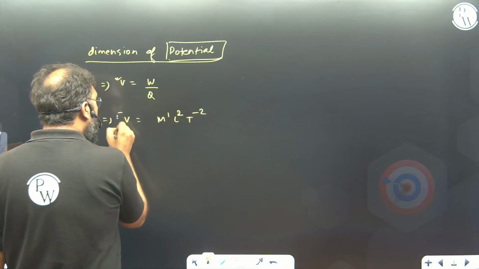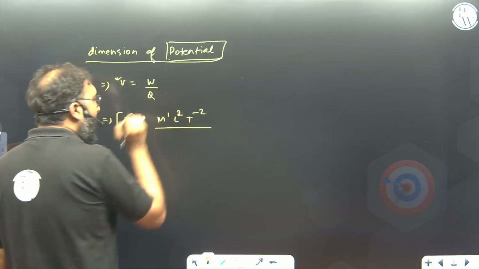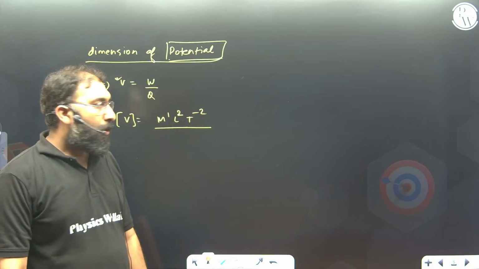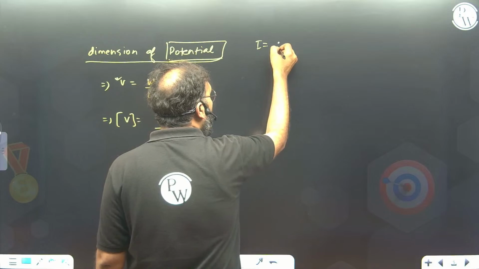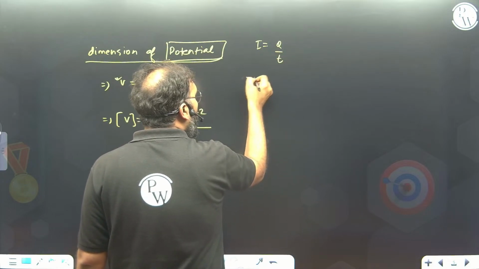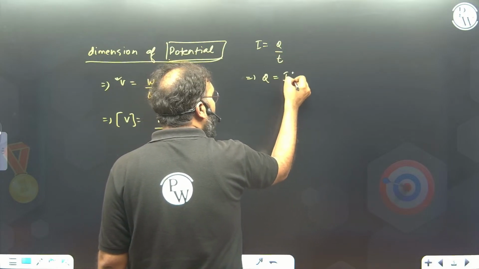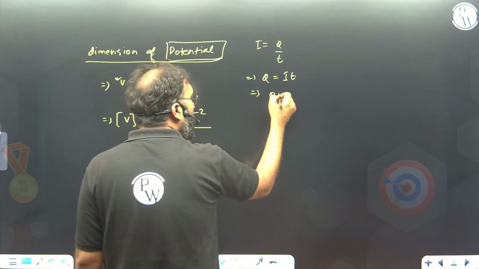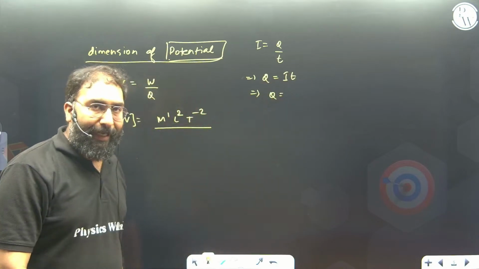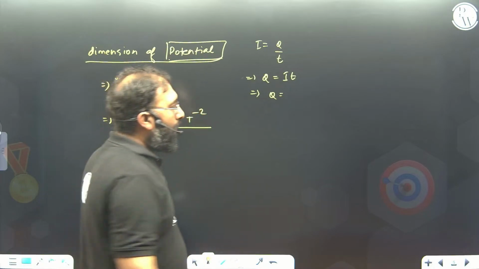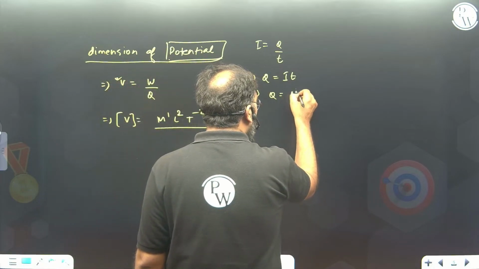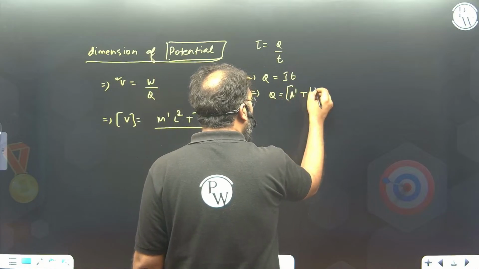Then we have to write down the dimension of the charge. How do we write down current? Current is the rate of flow of charge, Q by T. So from here we can say that Q equals I into T. For current, the fundamental quantity is ampere. So ampere power 1 and then time power 1.